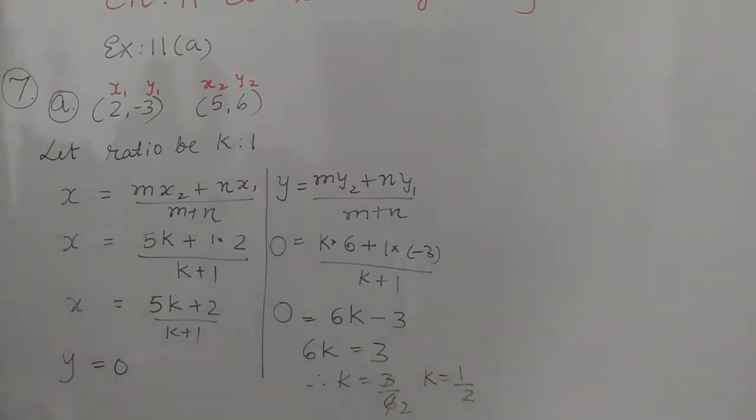So we found the k value 1 by 2, and they asked to find the ratio. So k:1 implies 1:2. Our ratio is 1:2 for question number 7a.